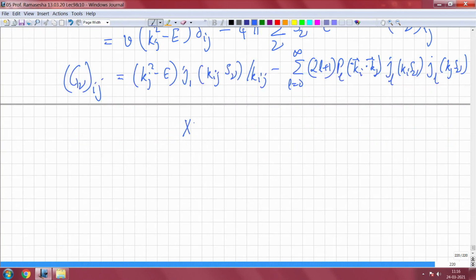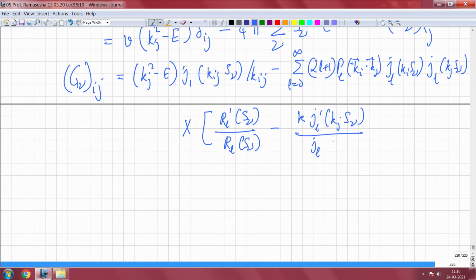This is multiplied by the logarithmic derivatives R L prime S nu by R L S nu, minus k j L prime k j S nu by j L k j S nu.